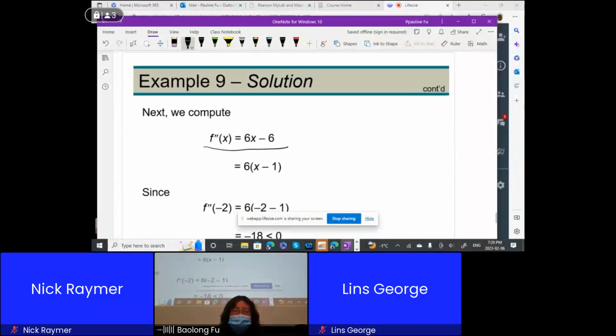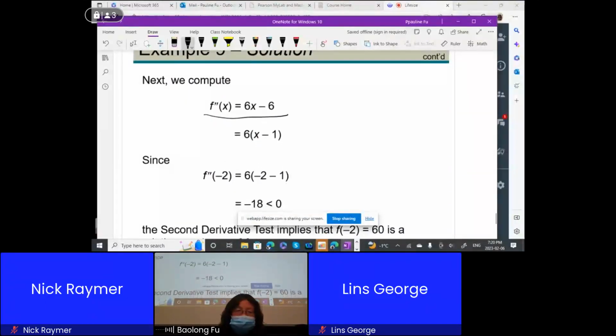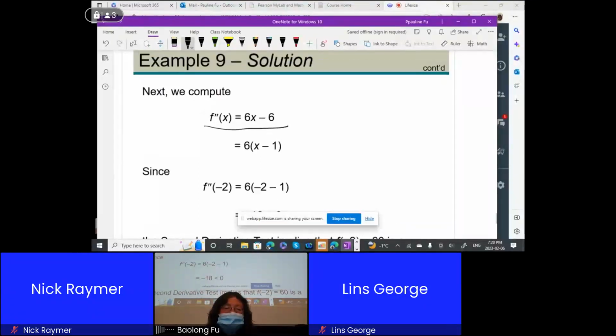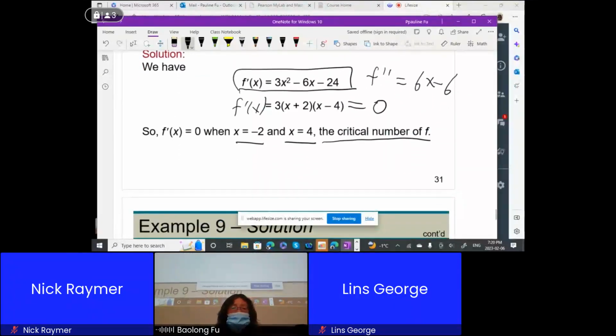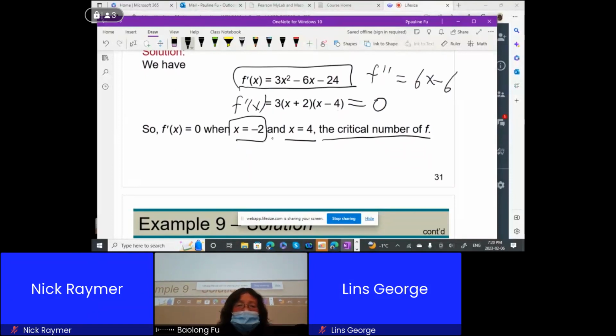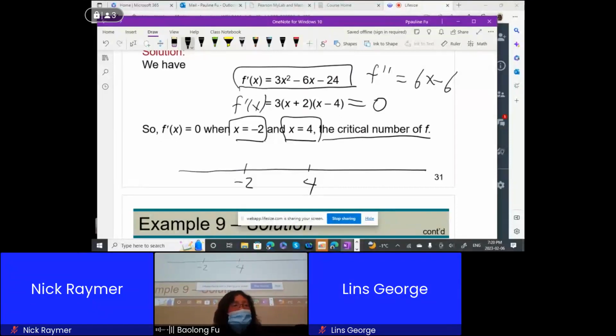Once we have the second derivative, remember the purpose of the critical numbers, -2 and 4: they divide the real numbers into intervals. -2 is here, 4 is here.